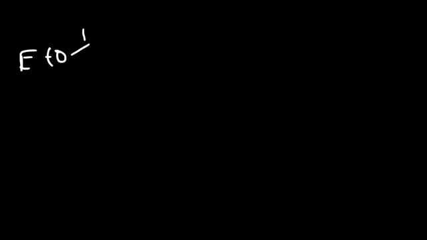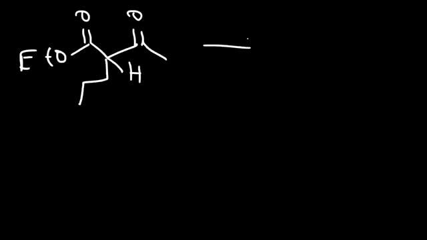So right now we have this product. So we need to add three R groups. Not three R groups, but three carbon atoms. And then there's a second alpha hydrogen atom that needs to be removed. So let's use ethoxide again to take it off.